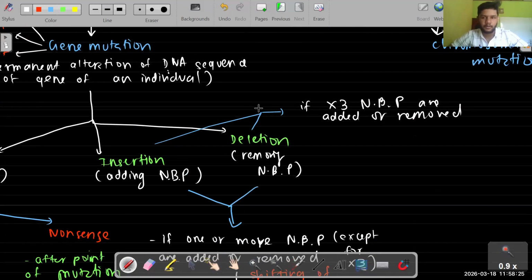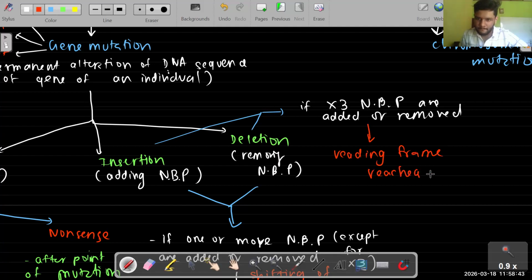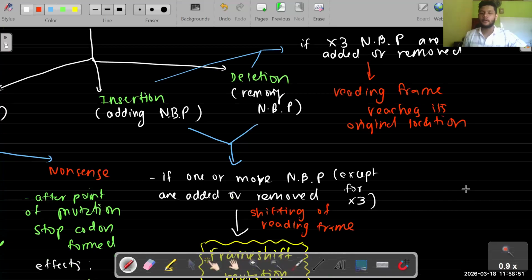Okay. Now, if multiples of three nucleotide base pairs are added or removed, what happens? The first thing that happens is the reading frame reaches its original location, right?